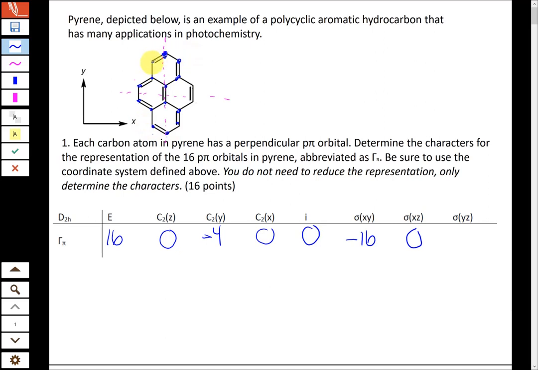The rest of the orbitals are going to reflect about the plane and move, but the 4 that are in that plane are going to stay in the same position, and they're not going to change signs because the plane is in the z direction, in the same direction as the orbitals themselves. And so you're going to have 4 orbitals that are unchanged under that operation and get a character of 4. Okay, so those are the characters you would get. I did not ask you to reduce the representation. You would get several different representations, and you get multiple copies of them.